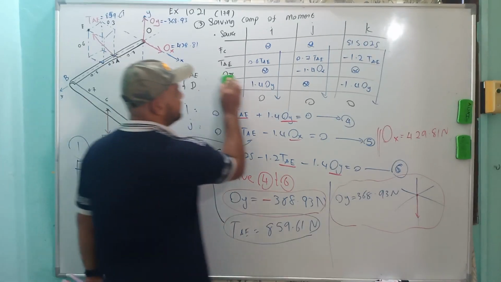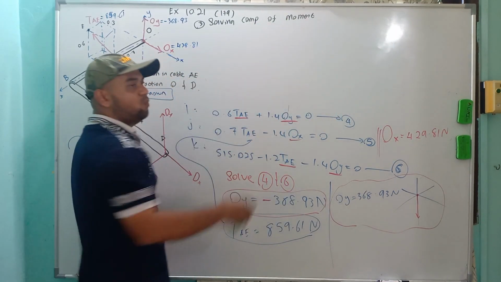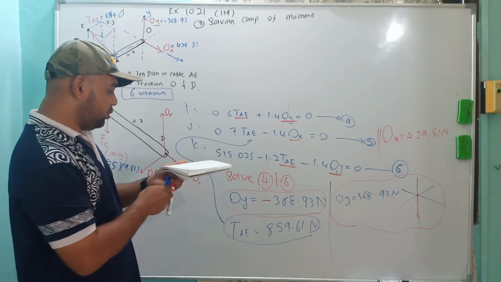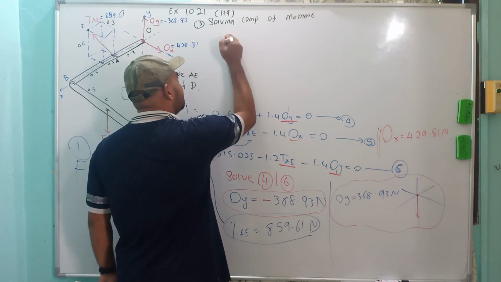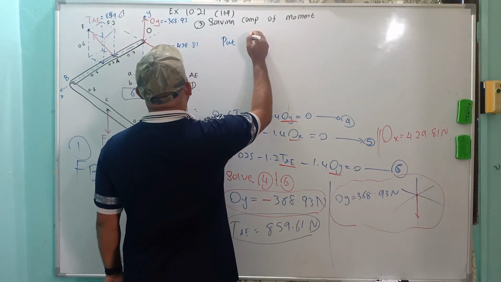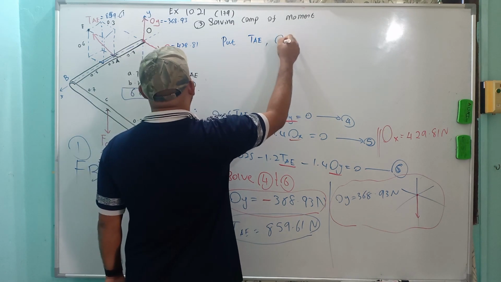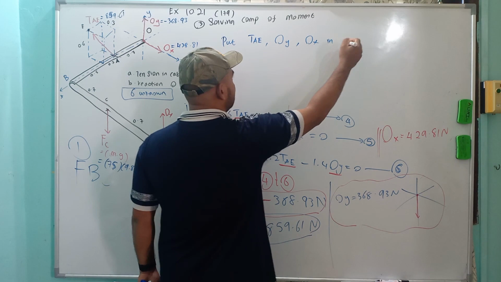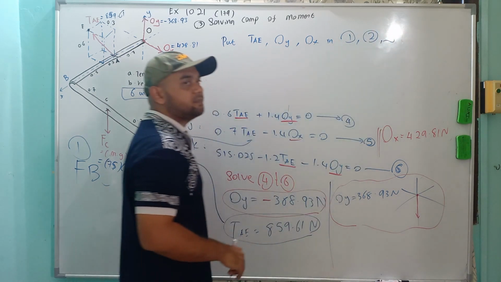Okay, so I can erase this one. Go back to your equation number 1, 2 and 3. I don't want to show one by one, just put TAE, the one that you have here, OY and also OX in equations 1, 2 and 3.